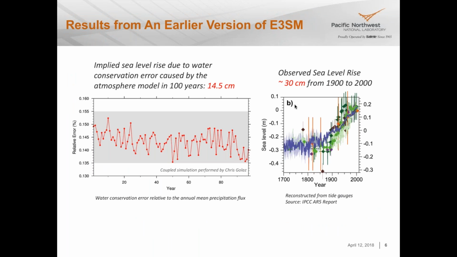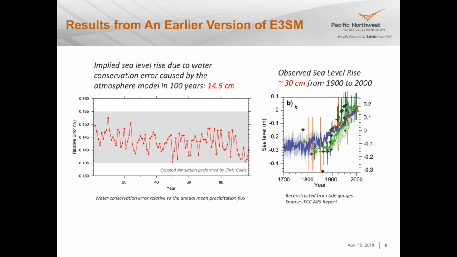Next page. Here I show the result from an earlier version of the E3SM atmosphere model. The simulated water conservation error can be converted to an implied sea level rise due to water conservation error caused by the atmosphere model in the 100 years.